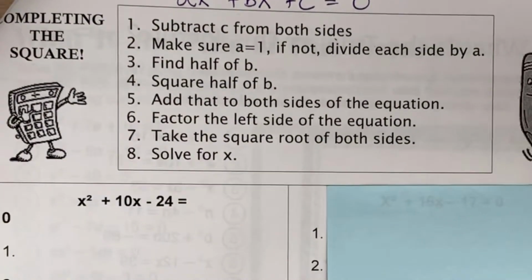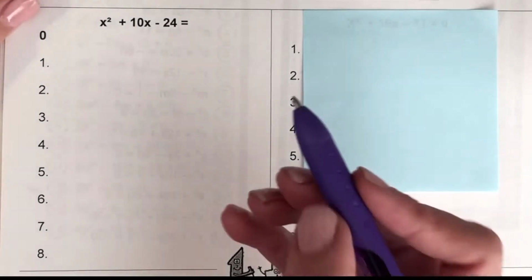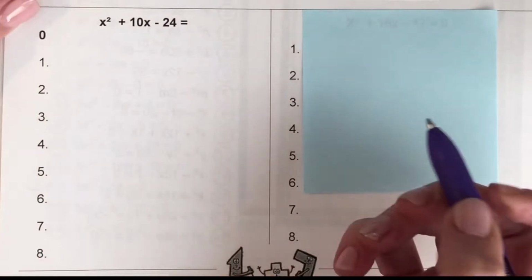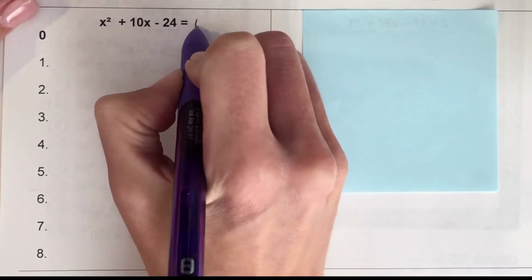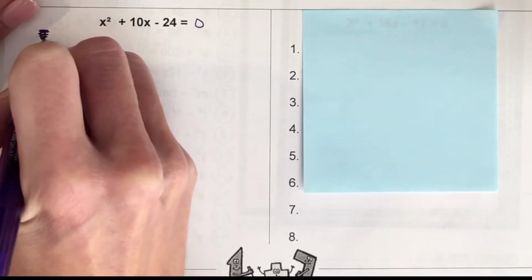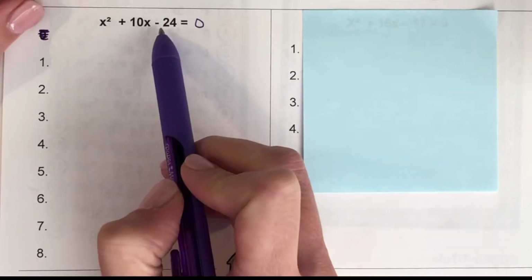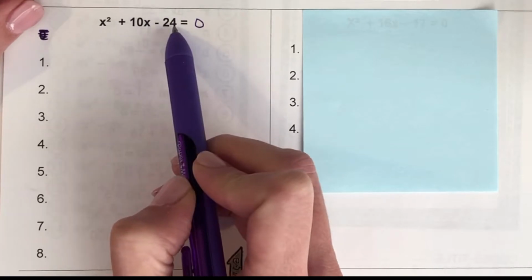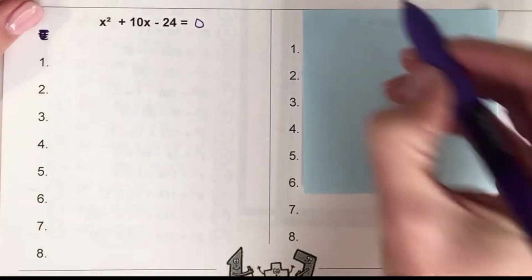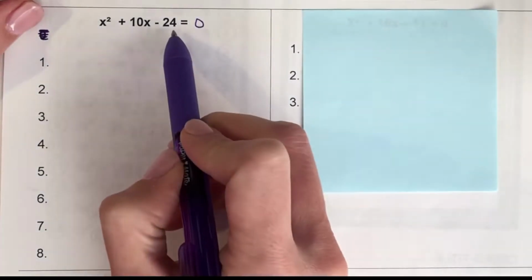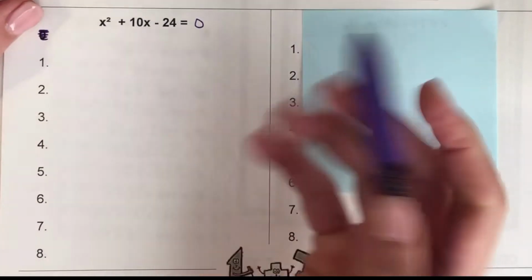So let's see how that plays out in our first example. This should be x squared plus 10x minus 24 equals 0. That 0 just didn't copy right. So the first thing that I would do here is I would not jump right to completing the square. I would say, can I factor this easily? So I'm looking for factors of negative 24 that are going to add or subtract to get 10. And I immediately know, oh, positive 12 and negative 2.